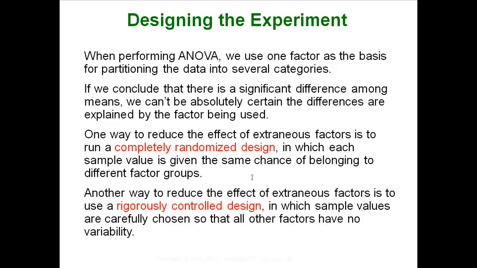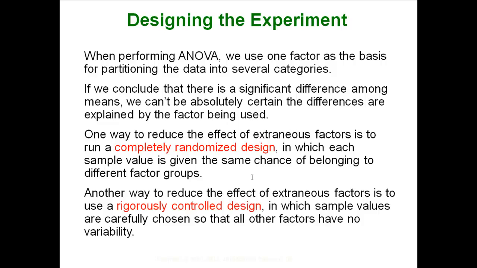They have self-determined where they're going to go based on the level of lead in their blood. It's not like you can go around and say, okay, here, you eat a bunch of lead, you eat a little lead, you don't eat any lead at all, and now I've randomly chosen who goes into which group, right? You can only do the completely randomized design with a factor that you actually have control over. So in most cases, you unfortunately can't do that.